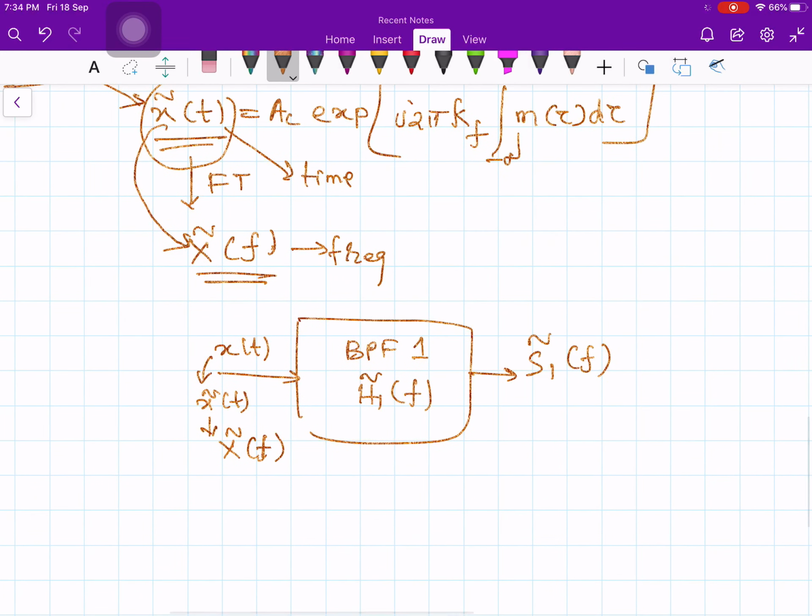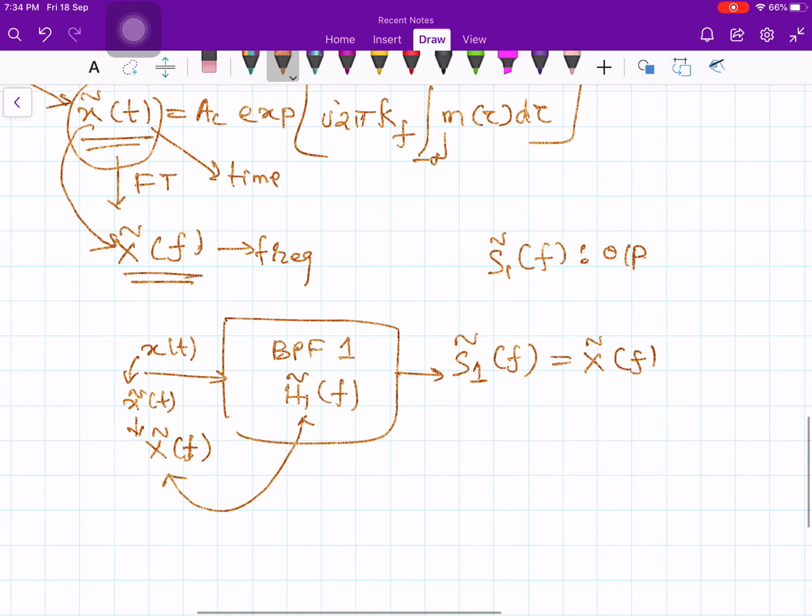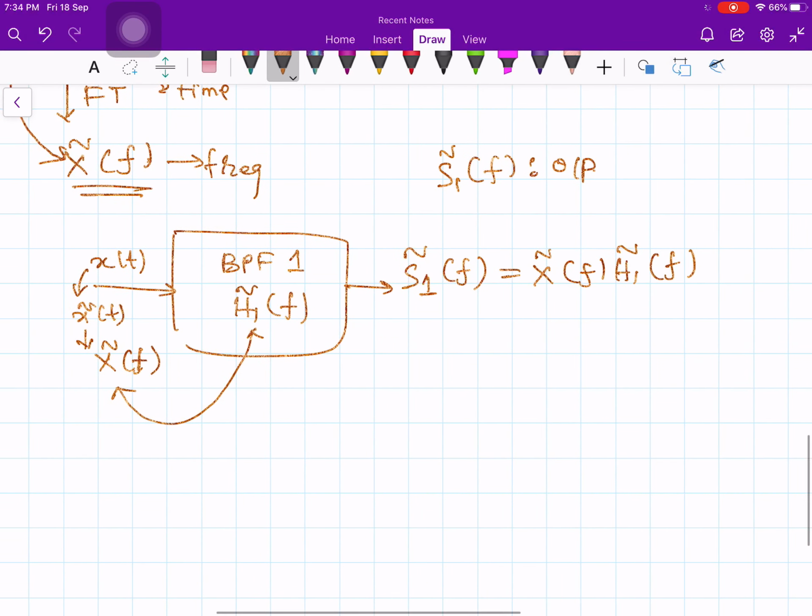In the frequency domain, these two get multiplied, so x tilde of f multiplied by h1 tilde of f. In the time domain both are convolved, but in the frequency domain it is simply multiplication. Recall this from your signals and systems. If you multiply these two, that will give the complex envelope of the output spectrum.